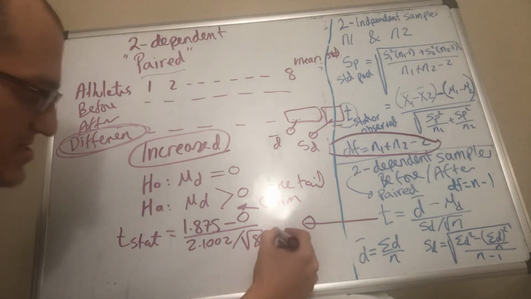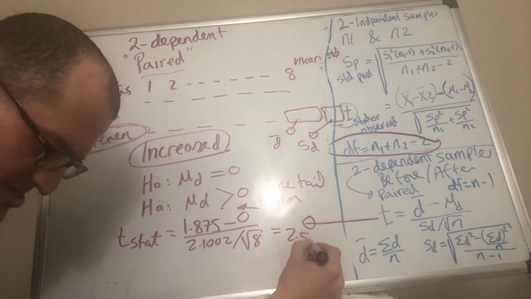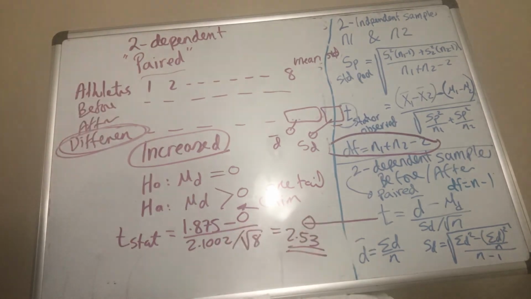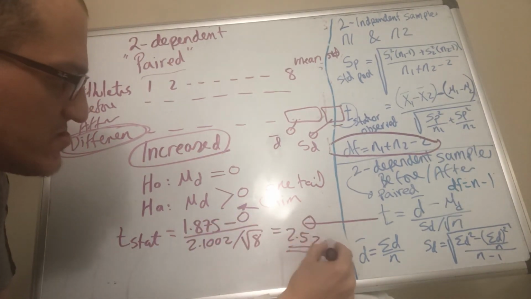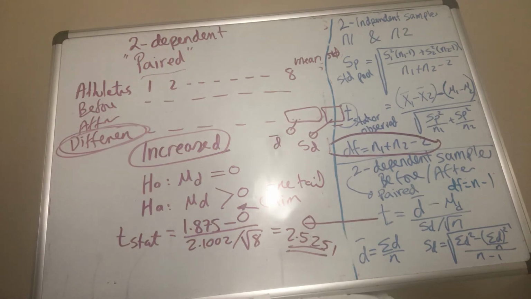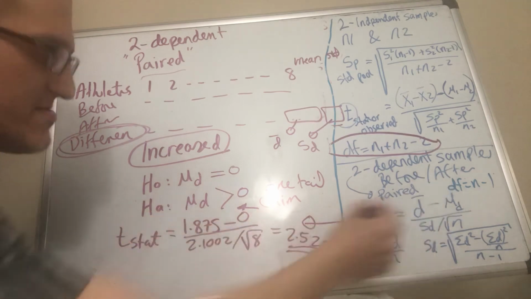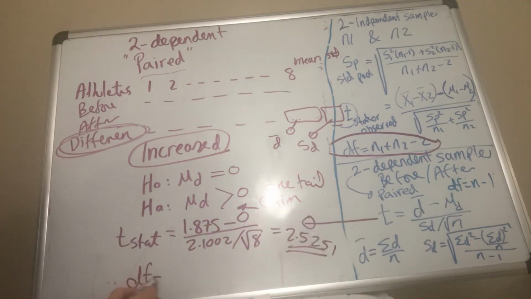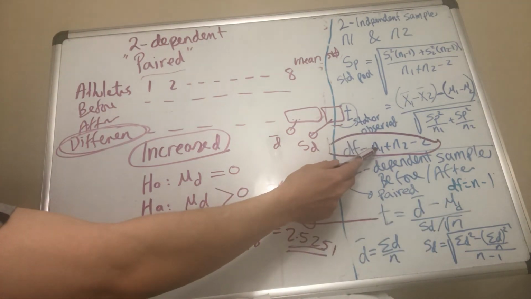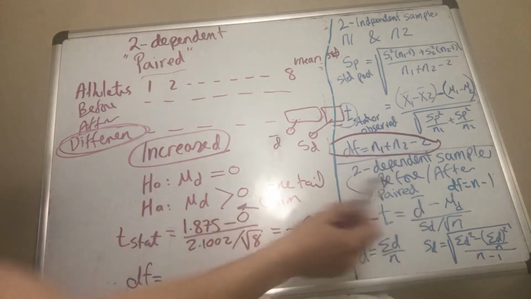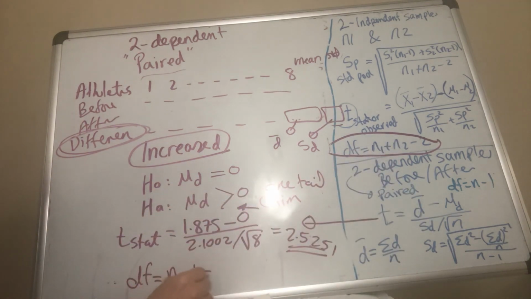And the number here is 2.53, or to be exact, it's 2.5251. Then they ask you for degrees of freedom. Remember, when we did it as a dependent, independent, you add them minus 2. Here, it's one sample, so you take n minus 1. So your degrees of freedom would be 7 here.